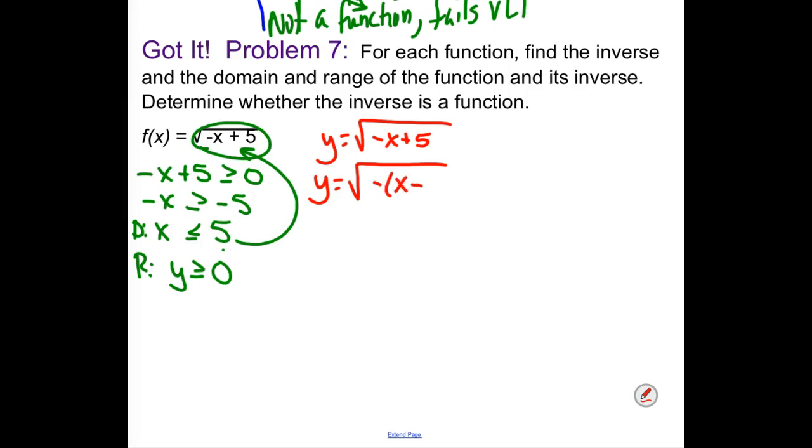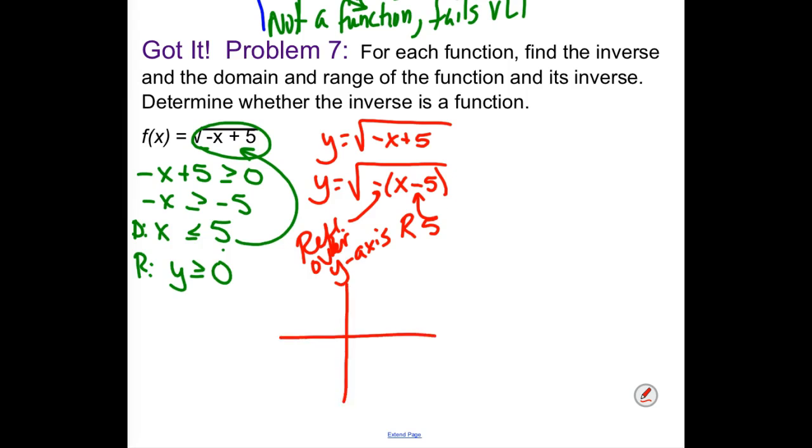I'm going to get a positive x minus 5. And this is a right 5 move. This, because it's inside that square root symbol, it's actually going to be a reflection over y. We haven't done any y-axis reflections, but that's what would happen.